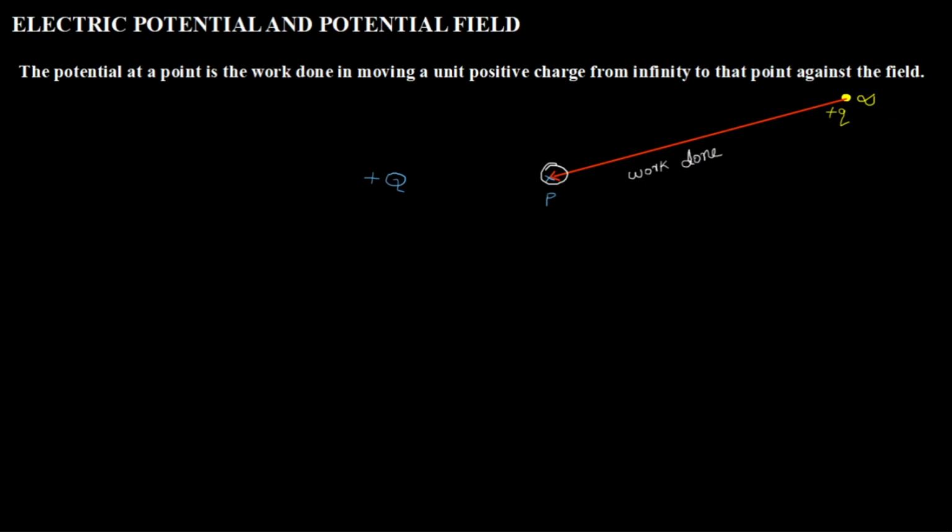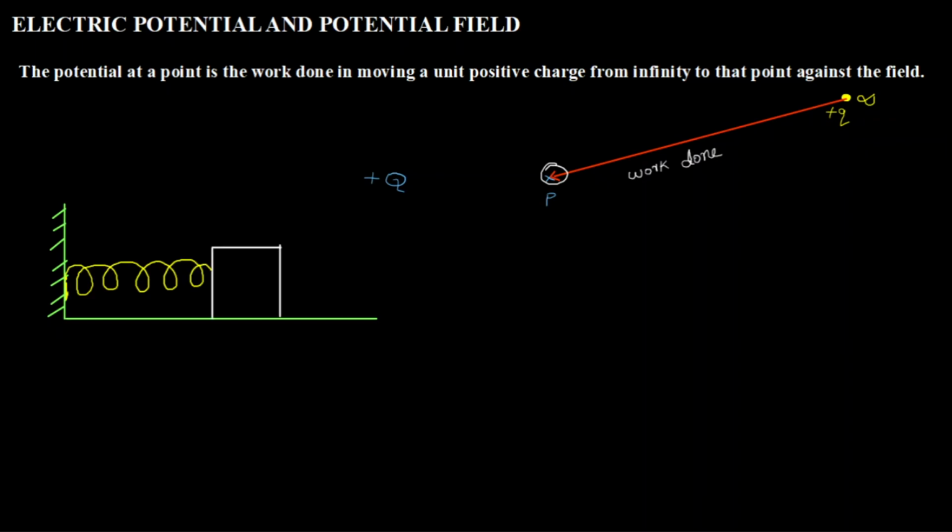So, we will consider an example of a wooden block with a fixed spring, something like this. I will consider a rigid surface, then I am connecting a spring to that rigid surface and a box. Now, you should understand that this position of the spring is the normal position of the spring, and this box is connected to the end of that spring.